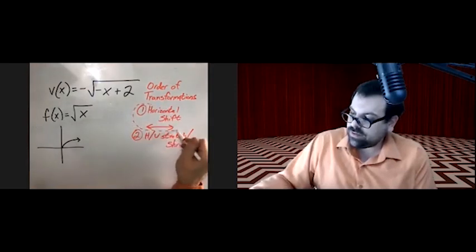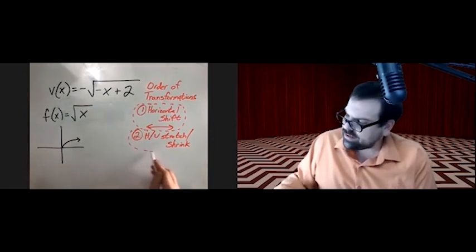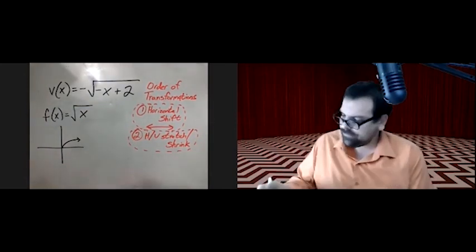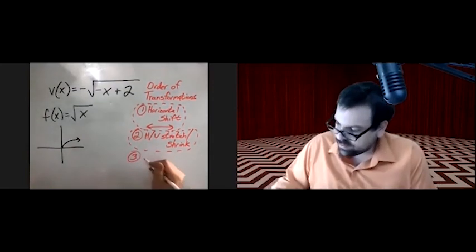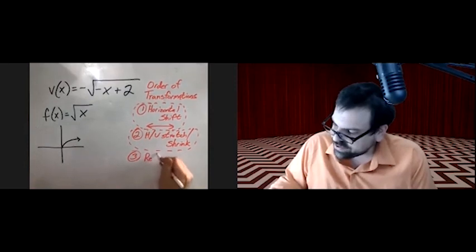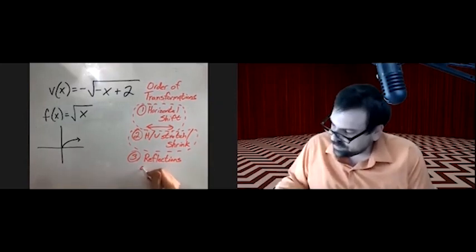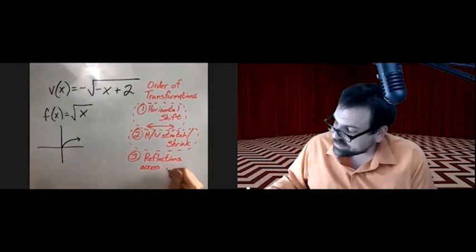First, horizontal shift. Second, horizontal or vertical stretch or shrink. Third, our reflections. And those would be across the x-axis or across the y-axis.